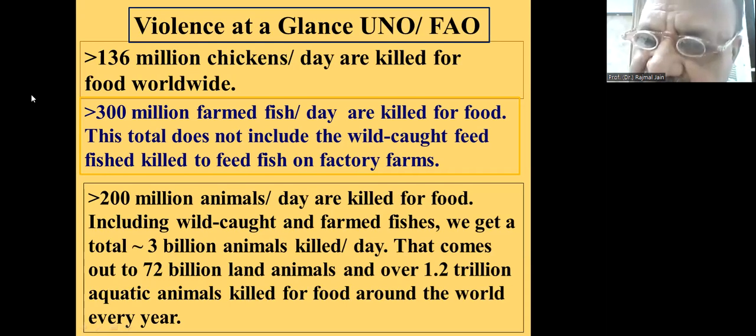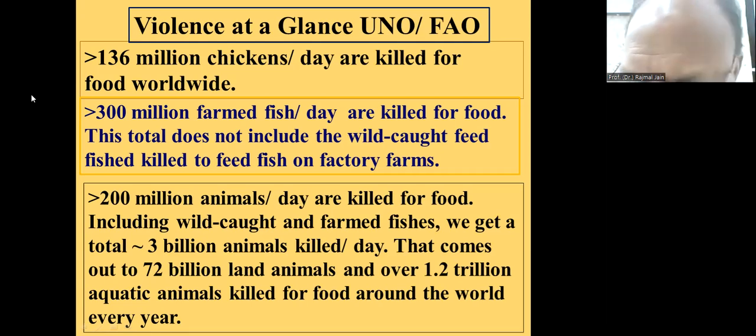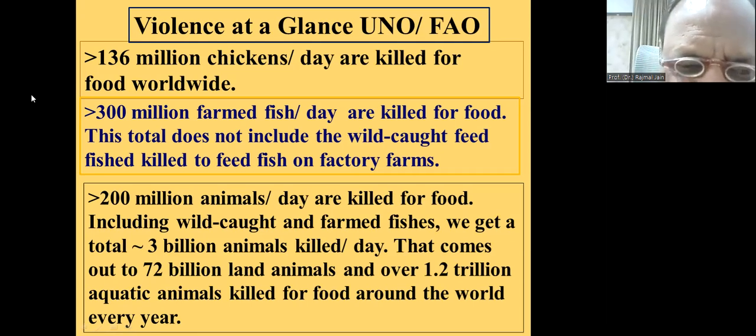It means people are hungry, they don't have crops, wheat, rice, etc., and they think that only fish and chickens are the major food, or the meat of other animals. Similarly, the United Nations says that more than 20 crore animals, please underline, 20 crore animals per day are killed for food. See how much our stomach needs, so much.